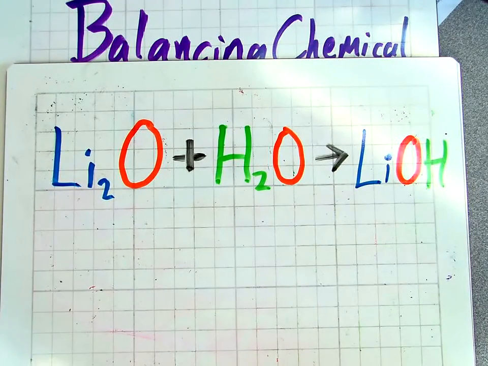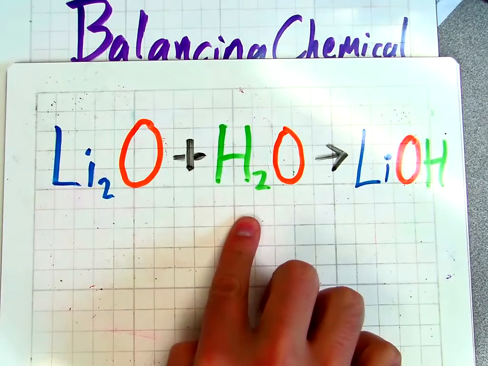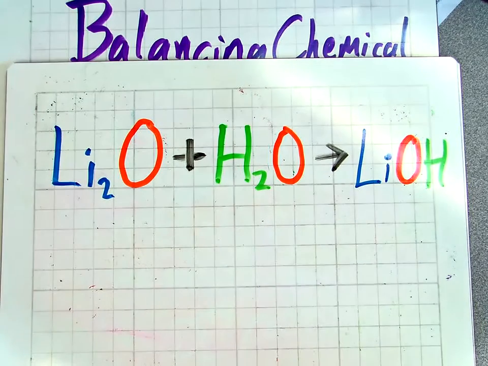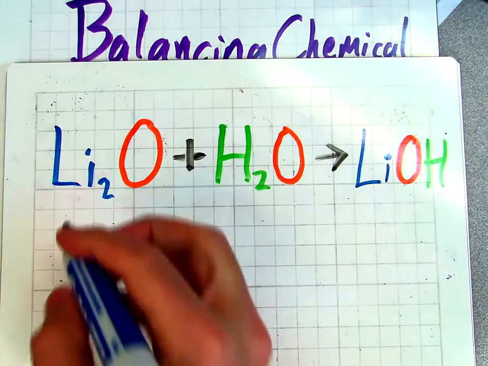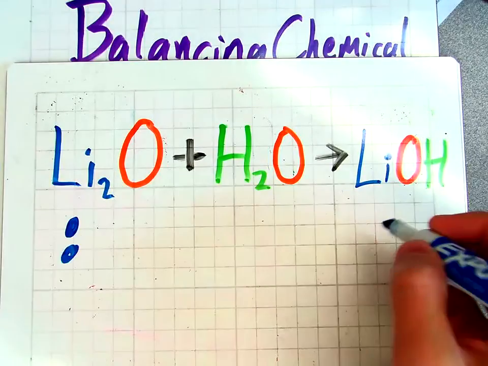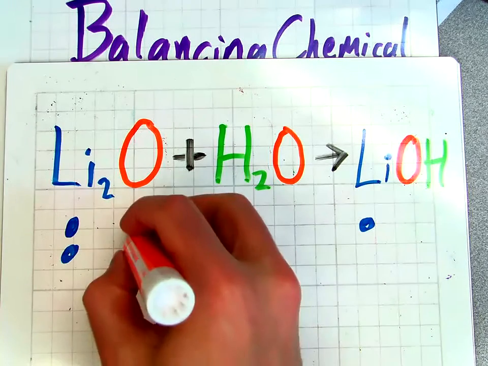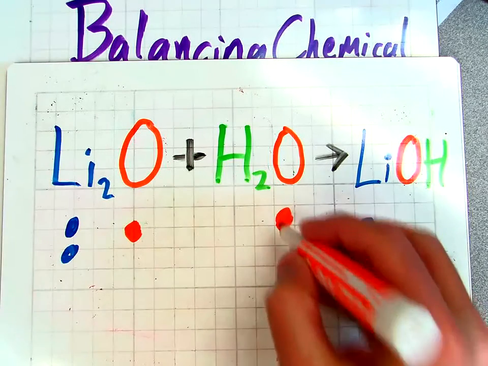This is an actual chemical equation. We've got lithium oxide plus water becomes lithium hydroxide. So let's figure out how to balance this one. So we've got 2 lithium here, 1 here. Oh, that's a good place to start, probably. We've got an oxygen and an oxygen here.